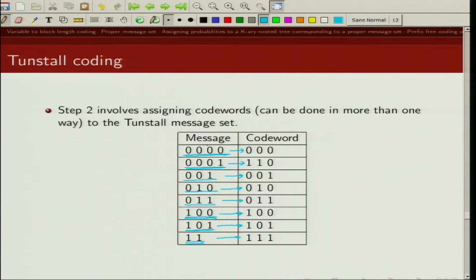Now this can be done in any order. I could have assigned this to 0, 0, 0, 0, 0, 1, 0, 1, 0, 0, 1, 1, 1, 0, 0, 1, 0, 1, 1, 1, 0, 1, 1, 1. You can do it any way you want basically. This is one way, this is another way of doing it. So this is how I am doing variable to block length coding.